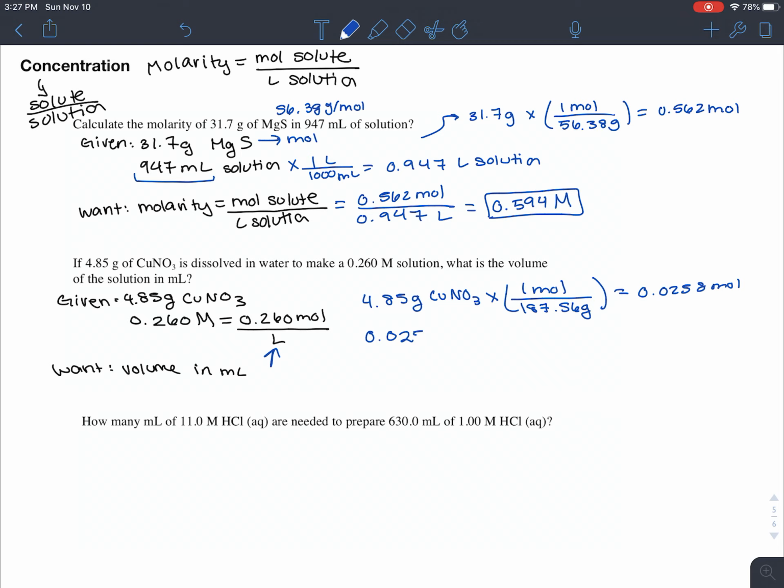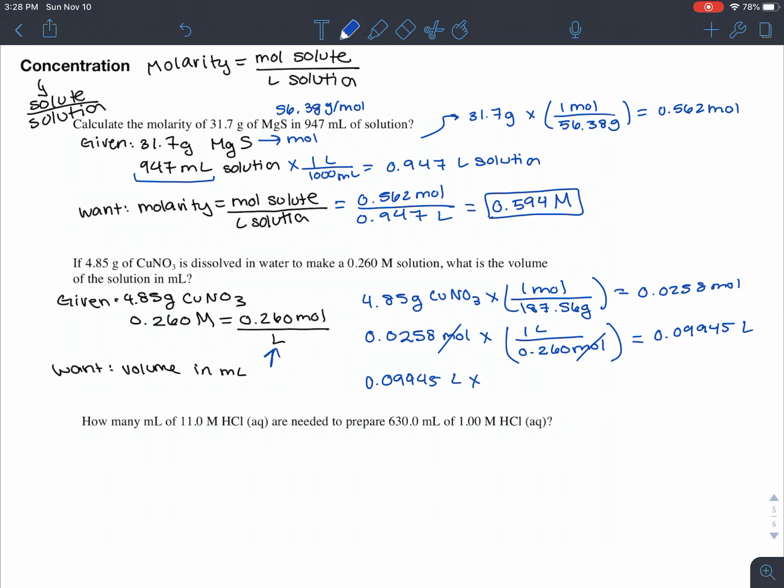Now, because I want the volume, I will cancel out the moles to get my liters. So 0.0258 moles, and now I flip my molarity. Since I want liters, that goes on the top, and 0.260 moles goes on the bottom. This cancels out my moles and leaves me with a volume of 0.09945 liters.